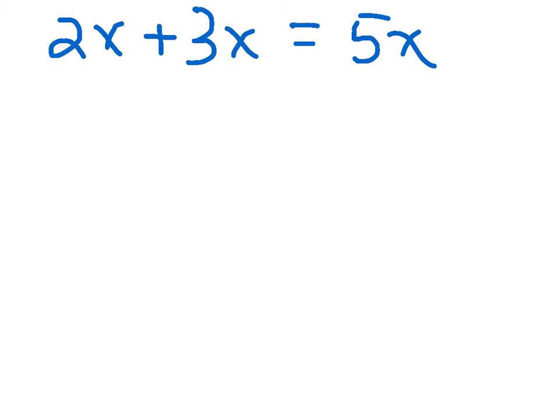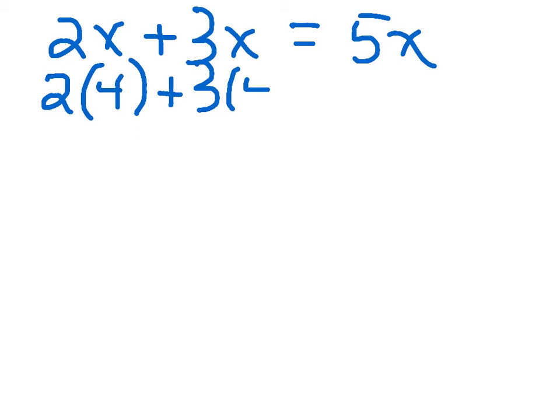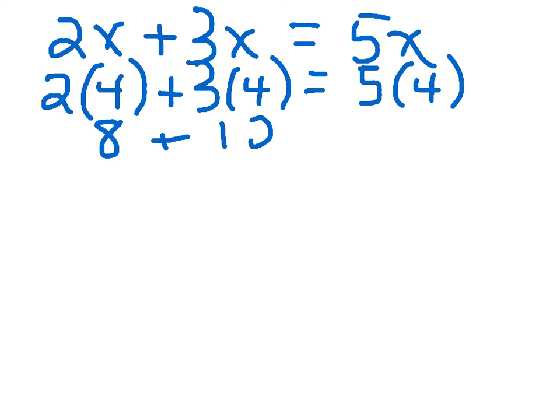And we know this is true because in algebra we're always looking at things that would be true no matter what number I plug in for the variable. So let's just pick any number. Let's say 4. 2 times 4 plus 3 times 4 equals 5 times 4. And let's just check. That's 8 plus 12 equals 20. Of course it's true. And it's true no matter what I plug in there.